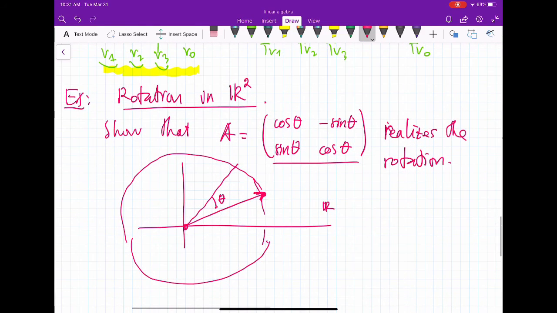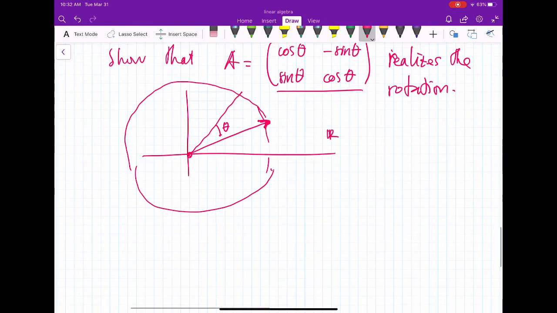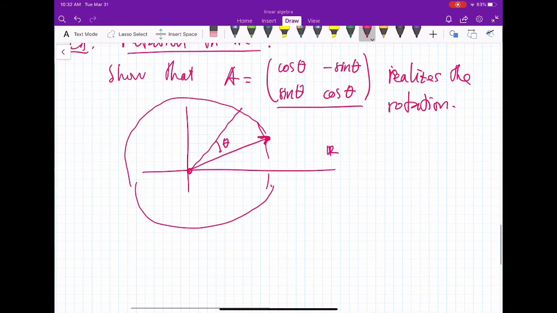Of course, A is a linear transformation because A is a matrix. We just discussed that in the very beginning of the lecture. So we know that it's a linear transformation. Suppose you have the coordinates x, y right here, and the radius is r.